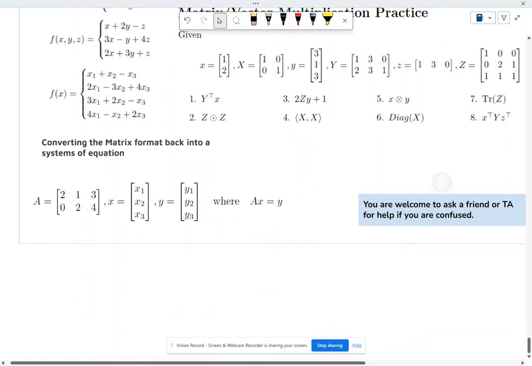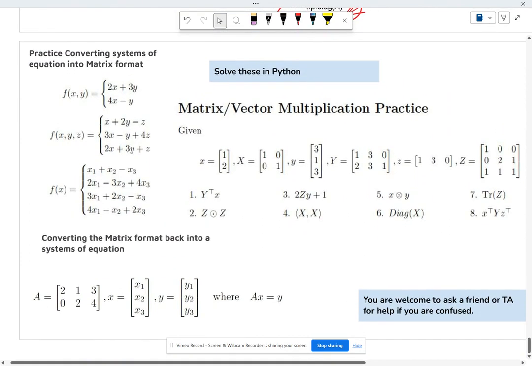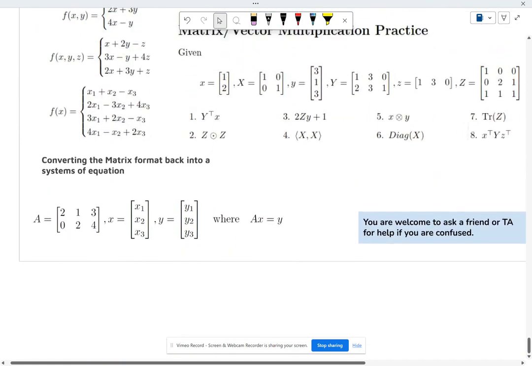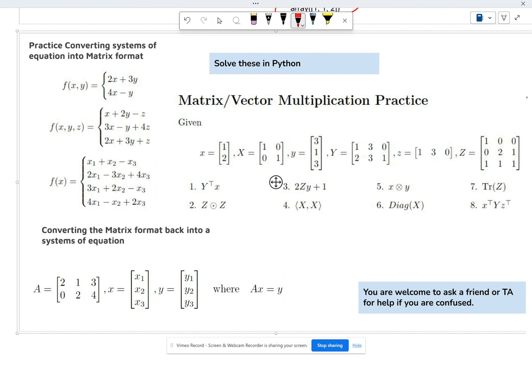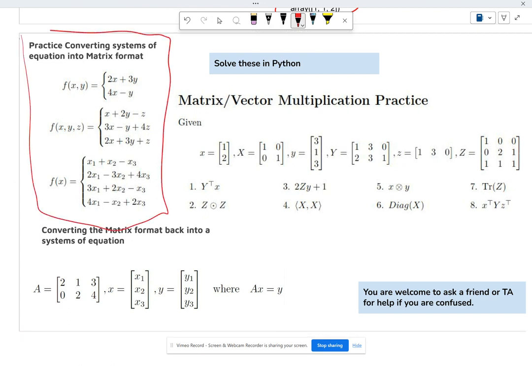Okay, so for the last practice, I think this is it. You want to essentially practice converting these systems of equations into the matrix format. You want to know how to do this.